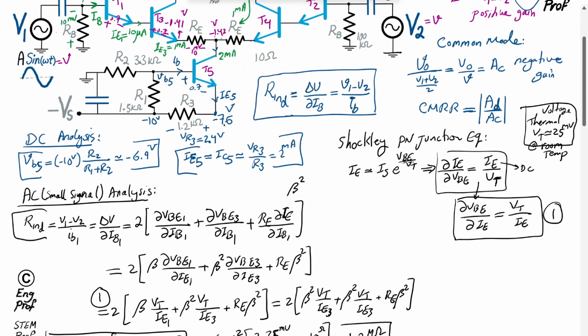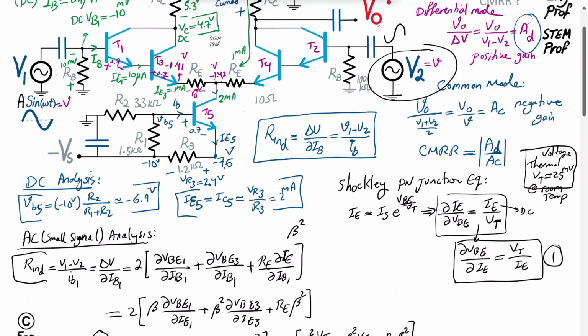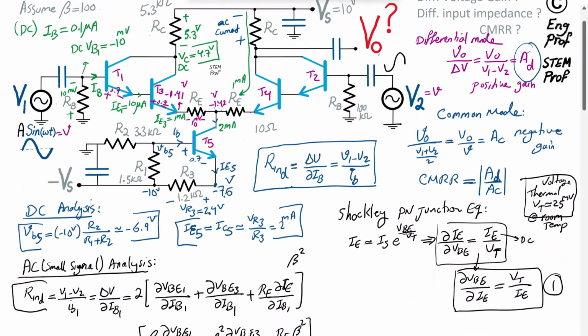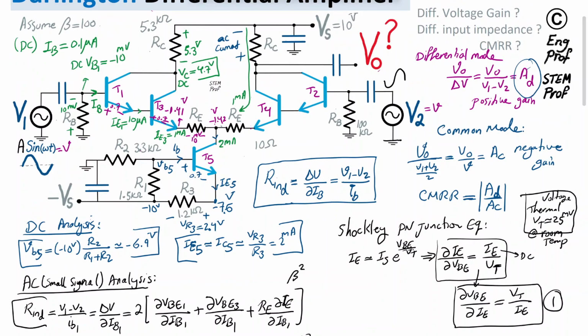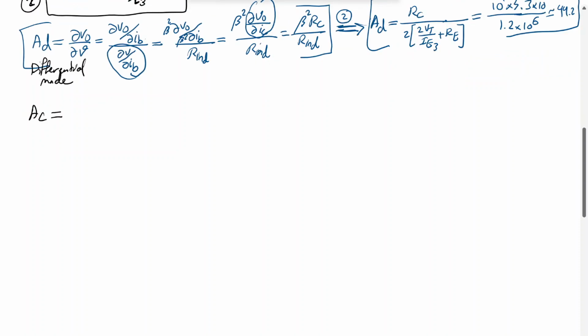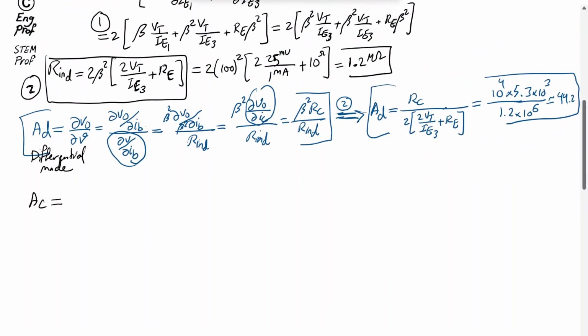For AC, we have to apply the same voltage V, and then from there we have to find the resulting output voltage. So basically the change in V out as a function of the change in V, because it's an AC signal analysis.